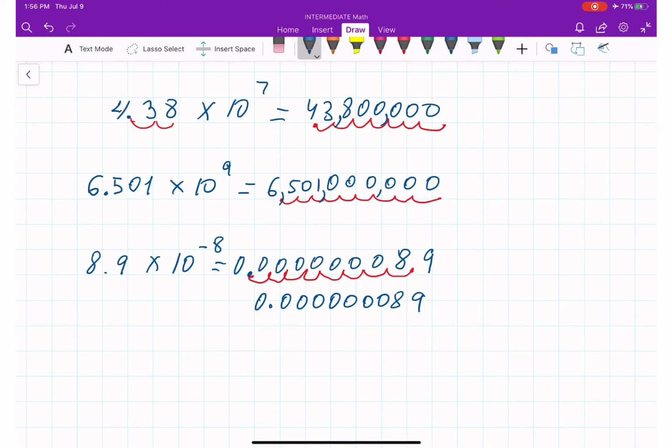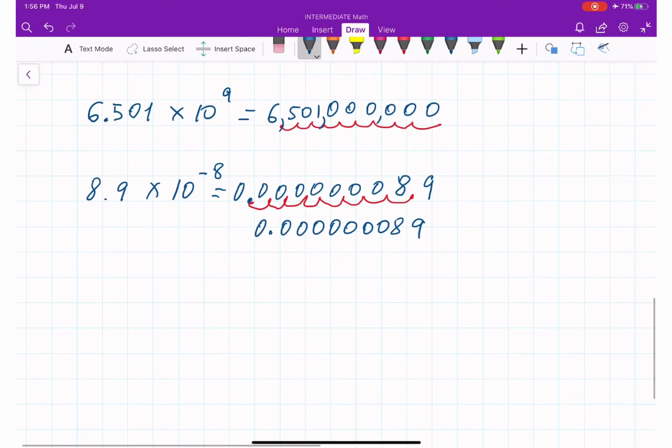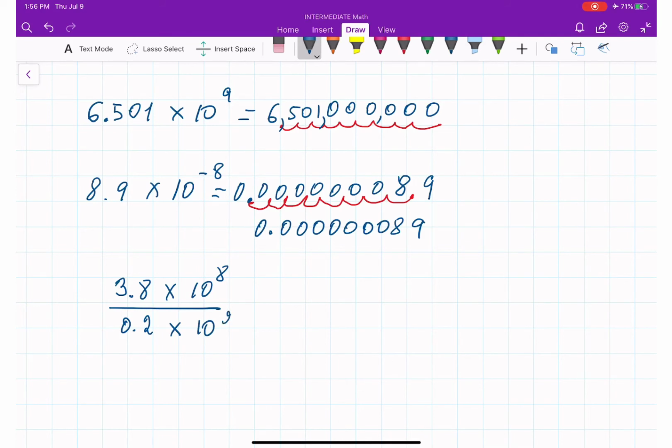Next, let's do division with scientific notations. So let's assume I have 3.8 times 10 to power 8, and I want to divide by 0.2 times 10 to power 2.